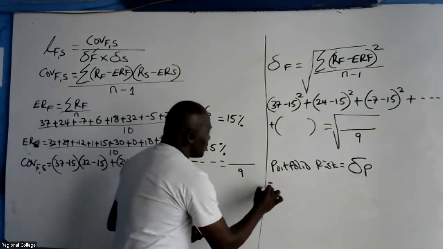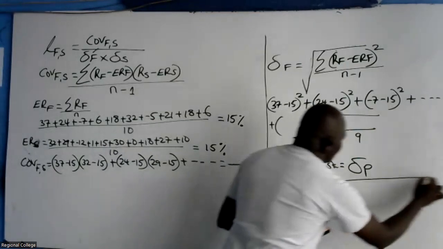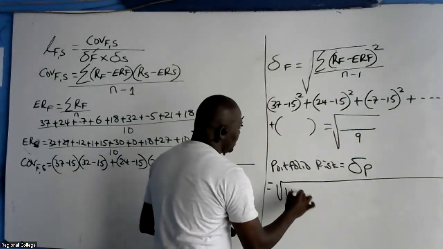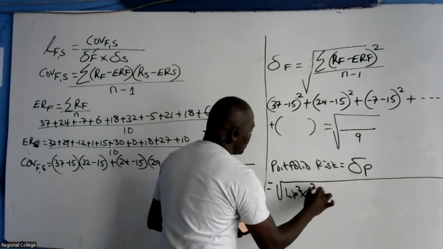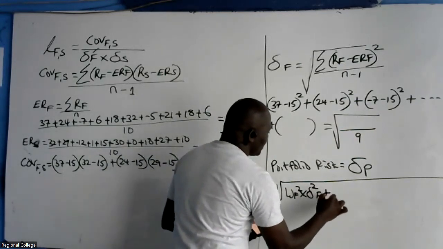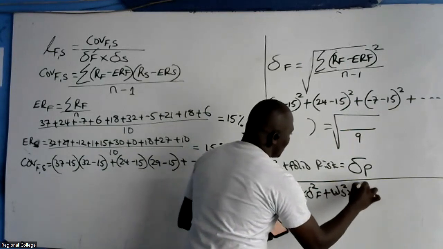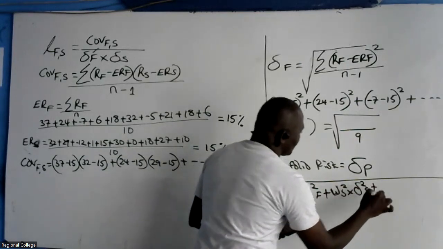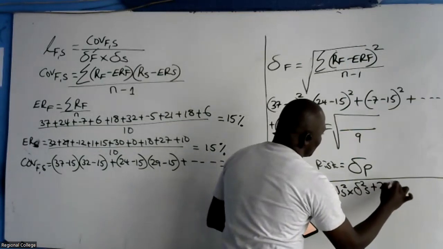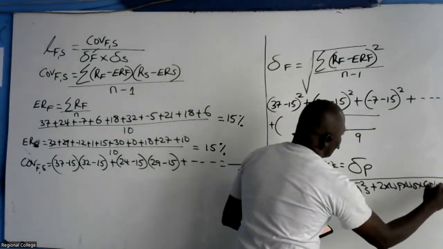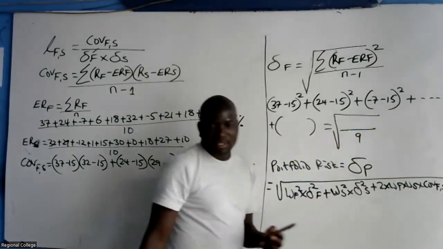So we have the square root of weight of F squared times standard deviation squared of F, plus weight of S squared times standard deviation squared of S, plus 2 times weight of F times weight of S times covariance of FS.